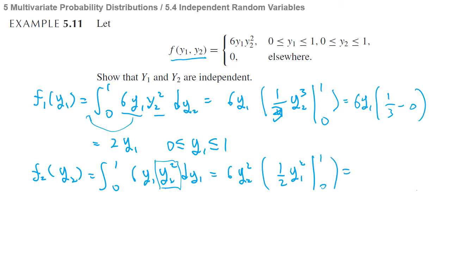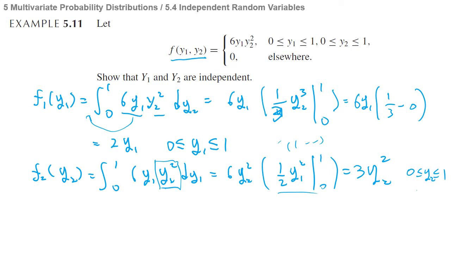This is 3y2 squared, since putting in 1 minus 0 gives 1 over 2, and 1 over 2 times 6 is 3. So 3y2 squared, and y2 is from 0 to 1.